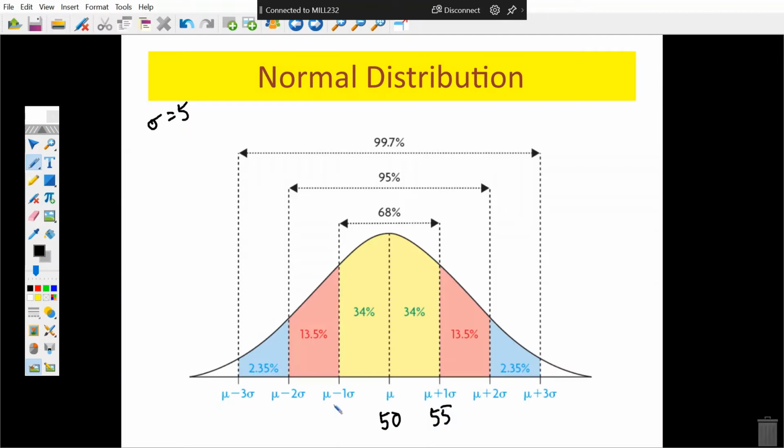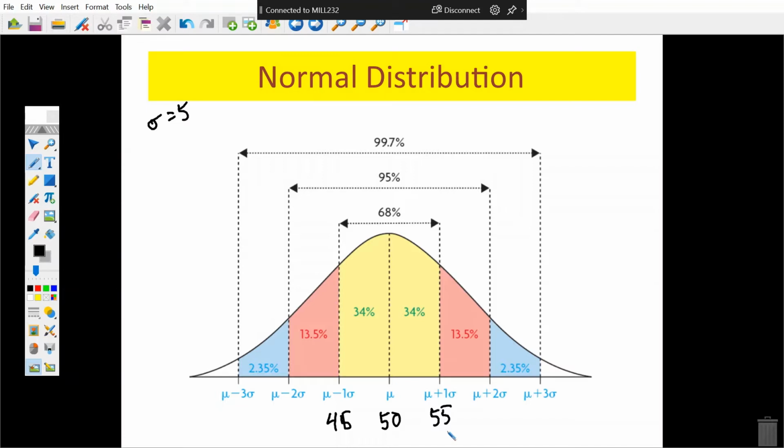And then 50 minus 1 standard deviation would be 45. So that means that 68% of the values for whatever this chart was about would fall between 45 and 55, because that's 1 standard deviation away from the mean.